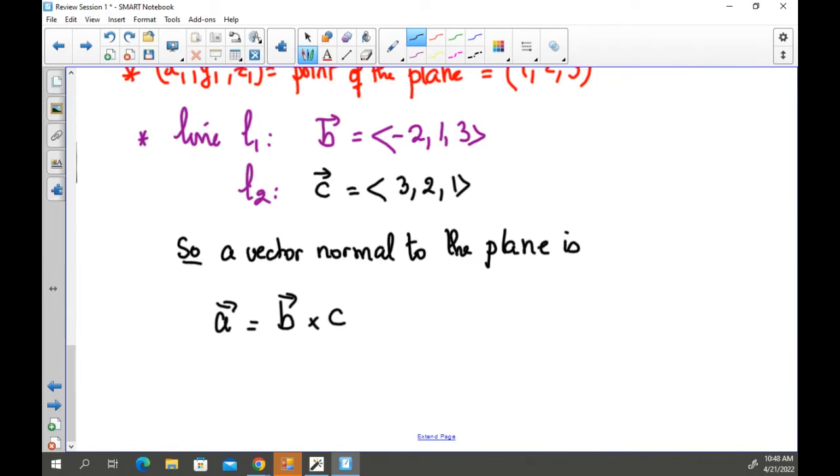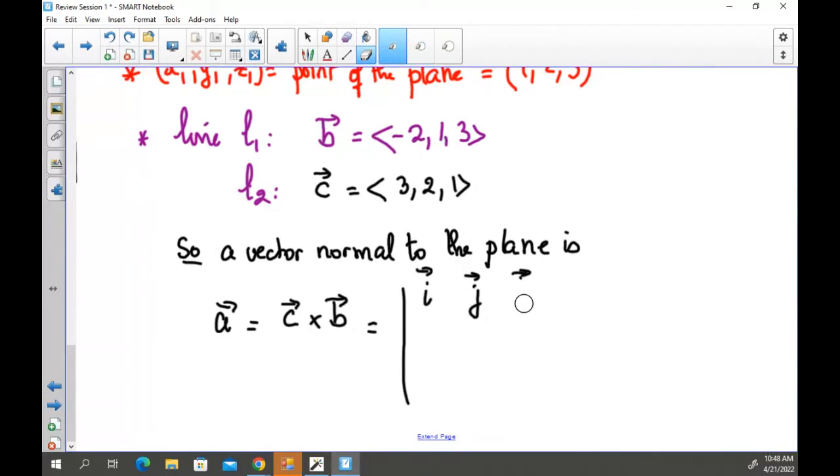Or CB. Let me put it CB because of the way I drew the graph, so it's C cross product with B. So that's what you do. So get the two vectors from the lines and get their cross product. That's it. That way you will get the normal vector.